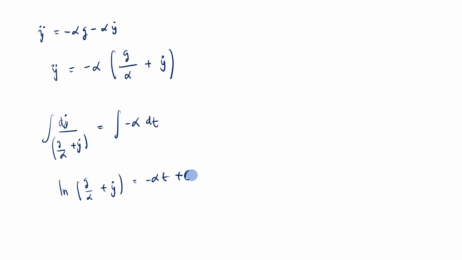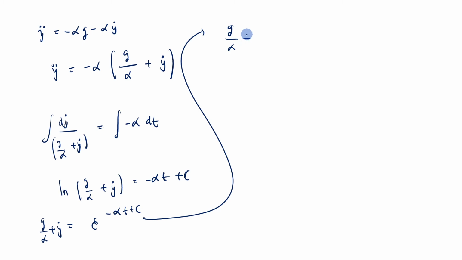Of course, c is a constant value, so we can write g divided by alpha plus y dot equals e, the natural number, to the minus alpha t plus c, and we can separate this by the exponential approach: g divided by alpha plus y dot is equal to e to the minus alpha t times e to the c.